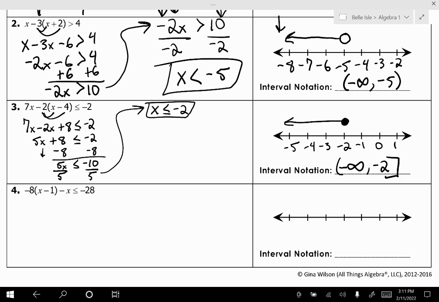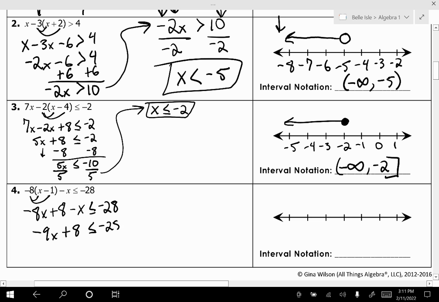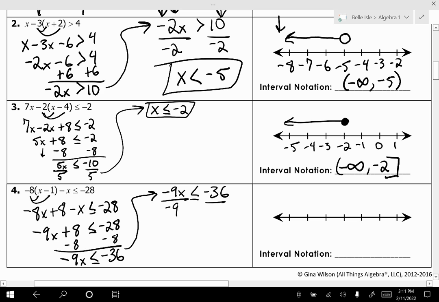Okay, here's number 4. What did I miss? Wait, hold on.